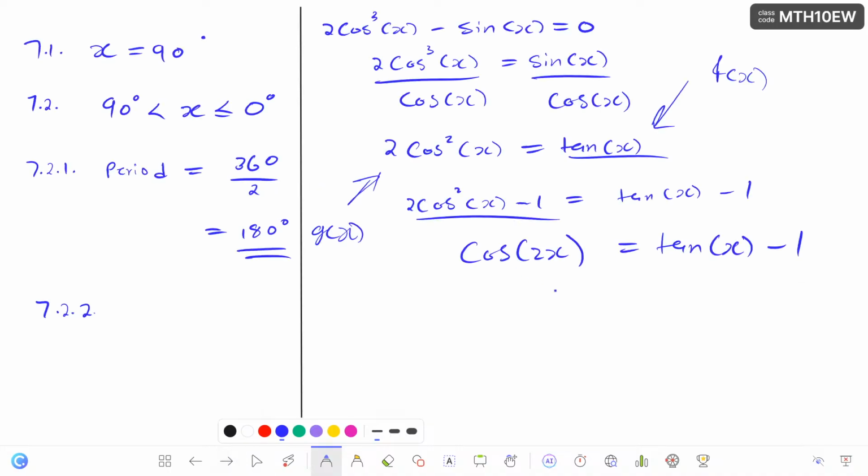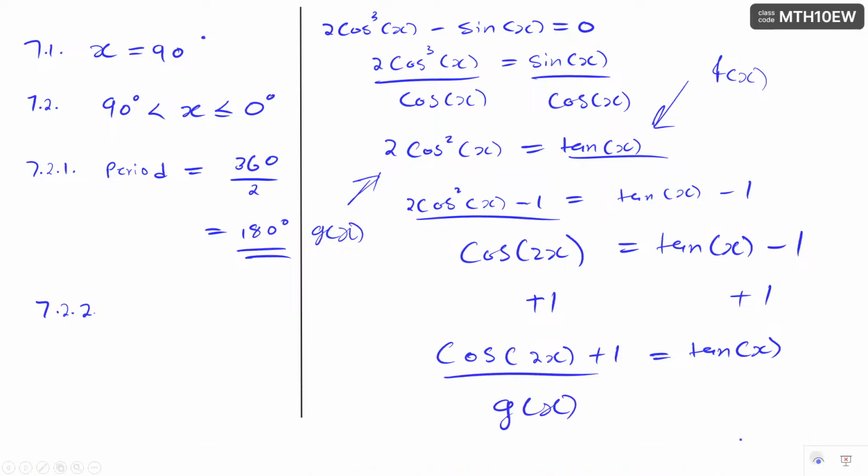I need to add positive 1 here and also positive 1 here. So if I add positive 1, it's going to be cos 2x plus 1 is equal to tan of x. So now I have g of x is equal to f of x.